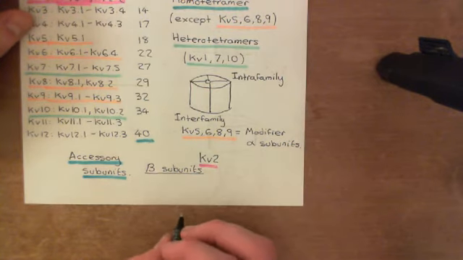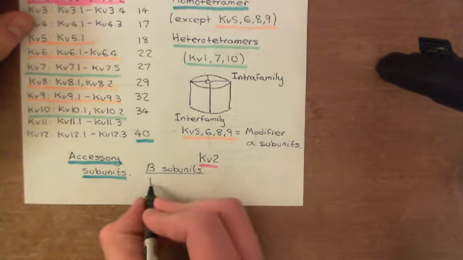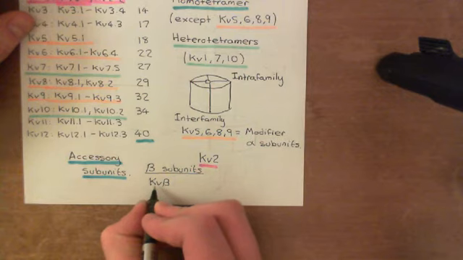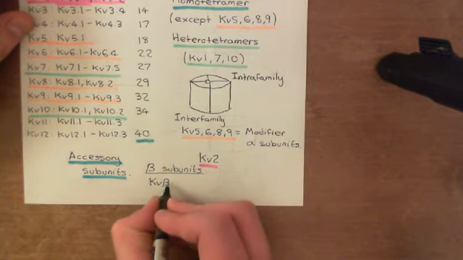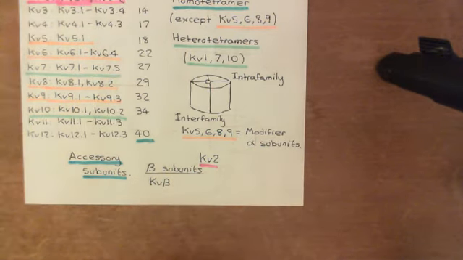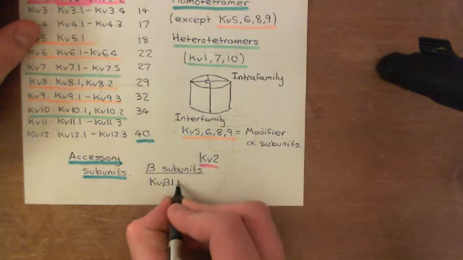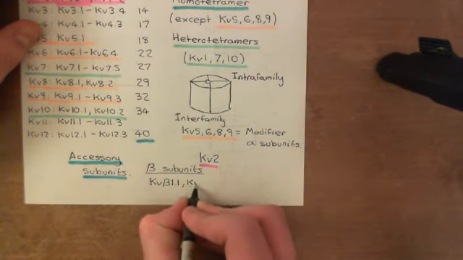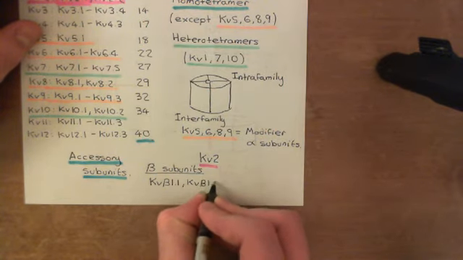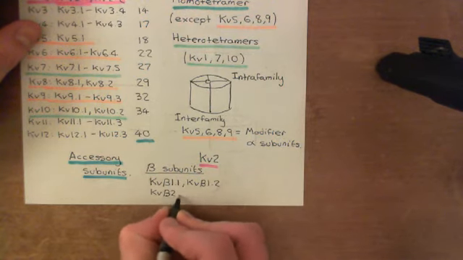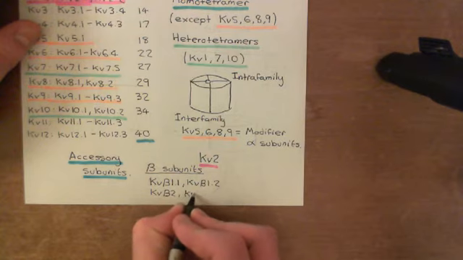Now, there are different beta subunits for voltage-gated potassium channels, and these are known as KV betas. So you put KV, voltage-gated potassium channels, then you put a beta after the V to emphasize the fact that we're no longer talking about alpha subunits, but beta subunits. The different ones are called KV beta 1.1, KV beta 1.2, and then you also have KV beta 2 and KV beta 3.